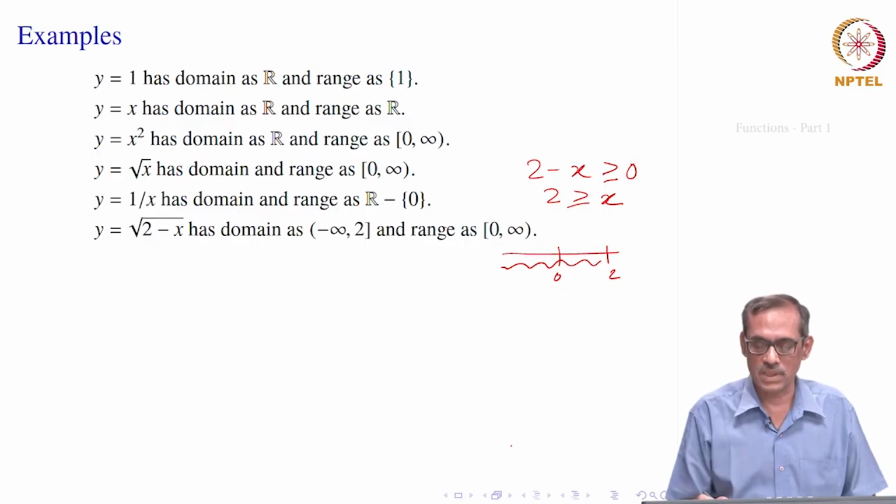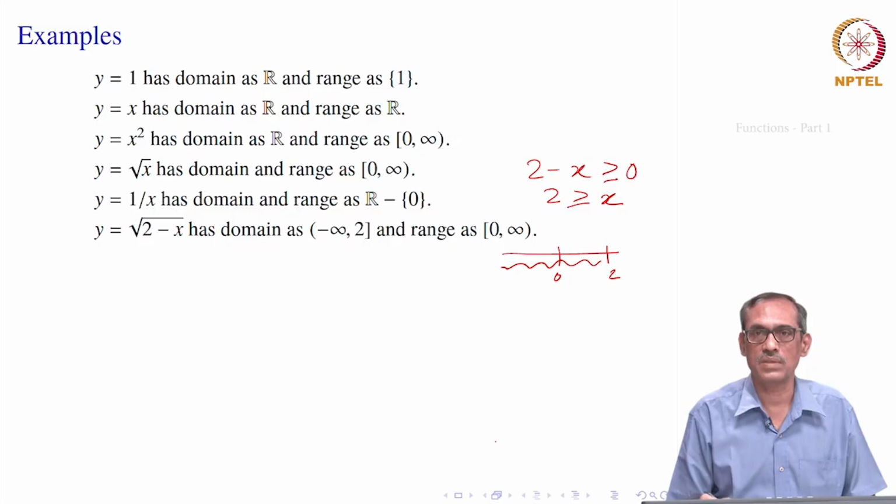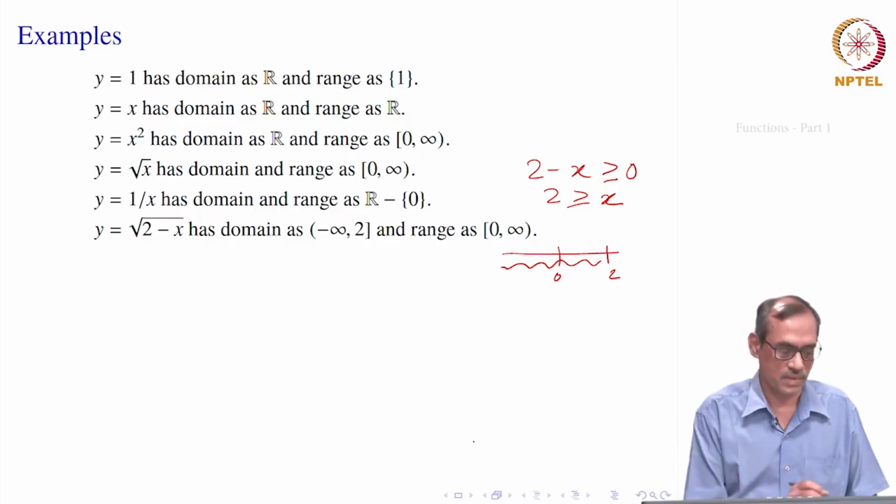And there can also be positive numbers in the range, because you can take anything, say 1. Minus infinity to 2 is the domain, so 1 belongs to that. If you put 1 there, you get square root of 2 minus 1 as 1, that is also included. So, there can also be positives.